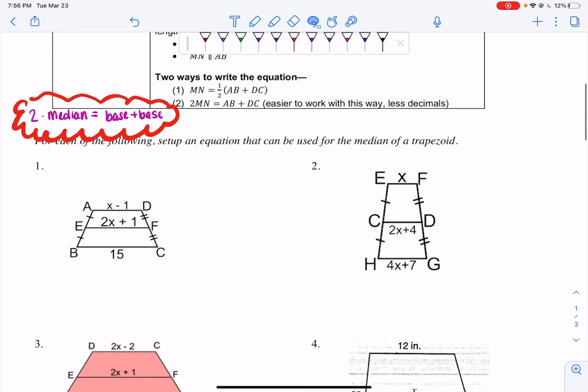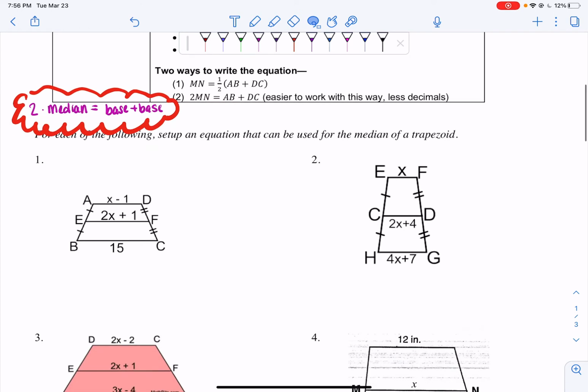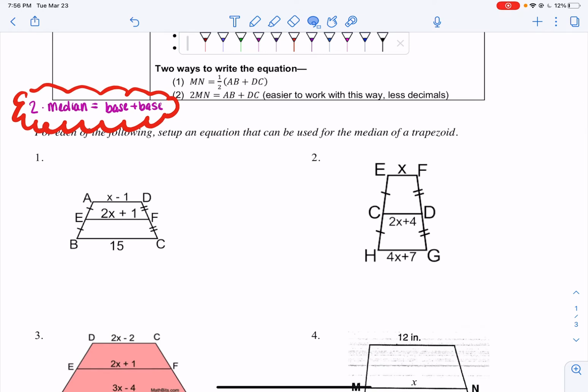For each of the following, we're going to set up an equation that can be used for the median of the trapezoid. If I look at my first example, my bases are AD and BC, and my median is 2x plus 1. I know 2 times my median is equal to base plus base.